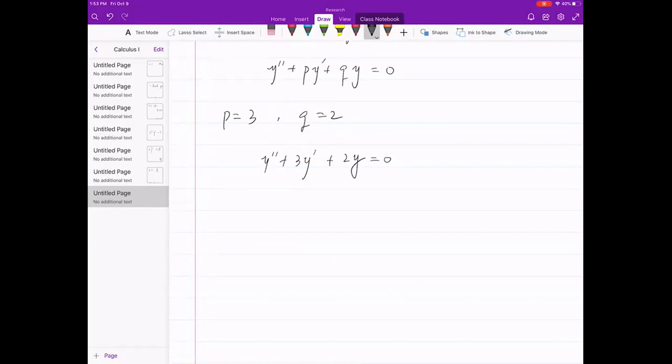All right, let's solve it. How do we solve it? We make a guess. We guess the solution looks like this, where S is a constant.